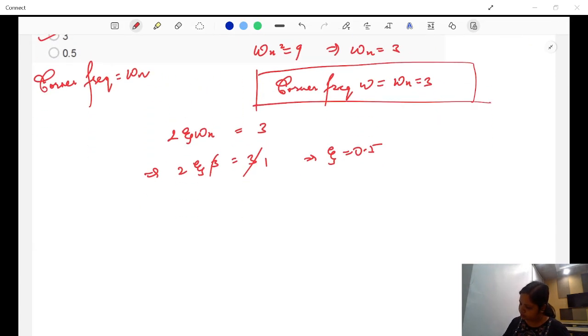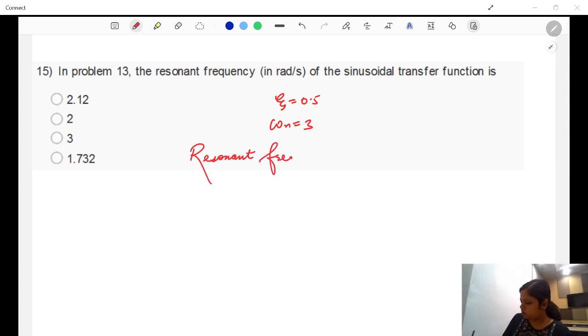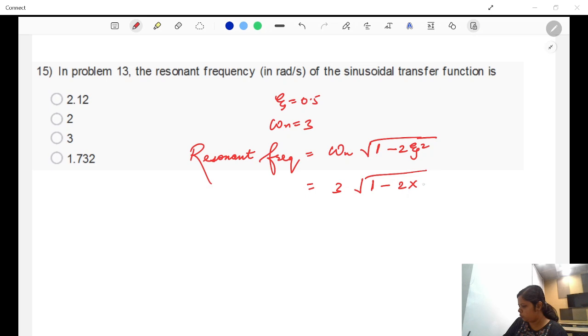Zeta is 0.5, omega n is 3. Omega n into square root of 1 minus 2 zeta square. Yes, very good. This is your resonant frequency. 3 into under root of 1 minus 2 into 0.5 square.